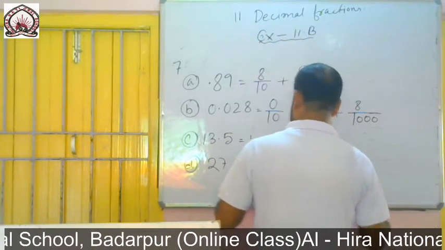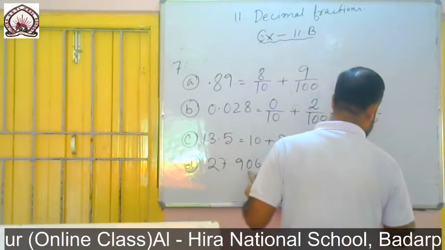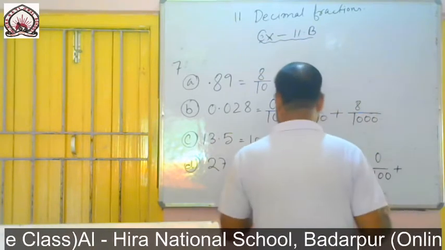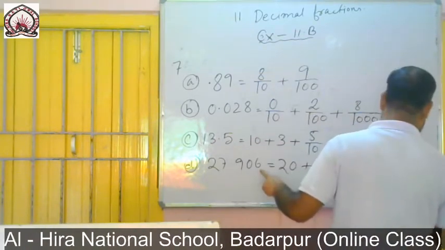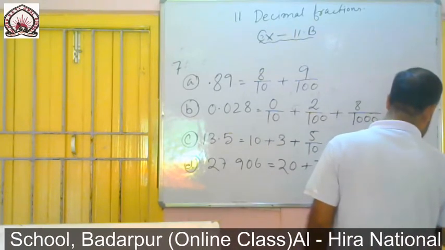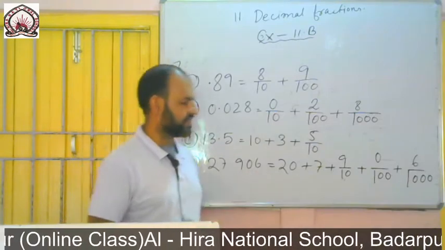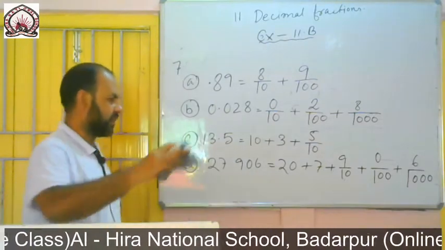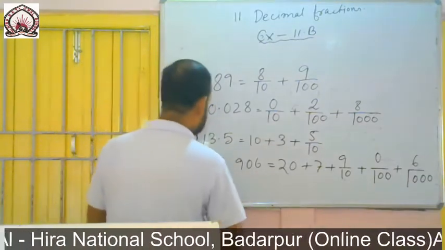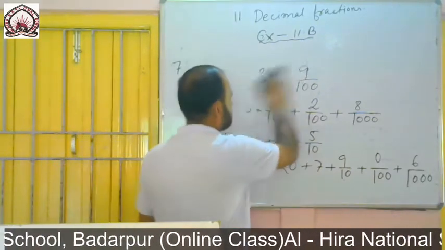The place value of this 0 is in the hundredths place, so 0 by 100. Plus the place value of this 6 is in the thousandths place, so 6 by 1000. Next question, number E.